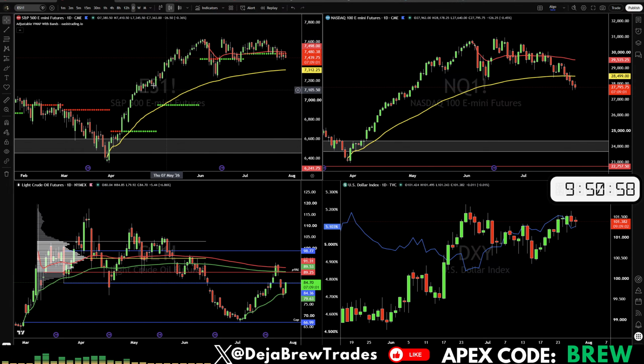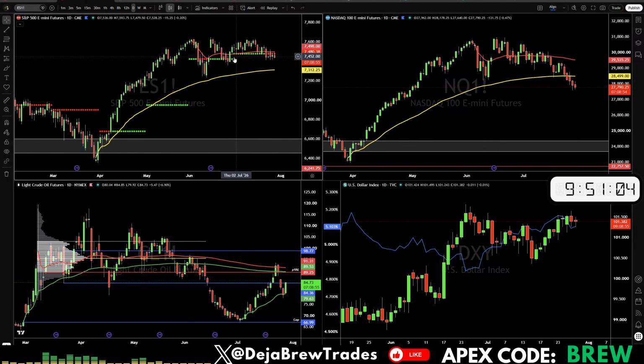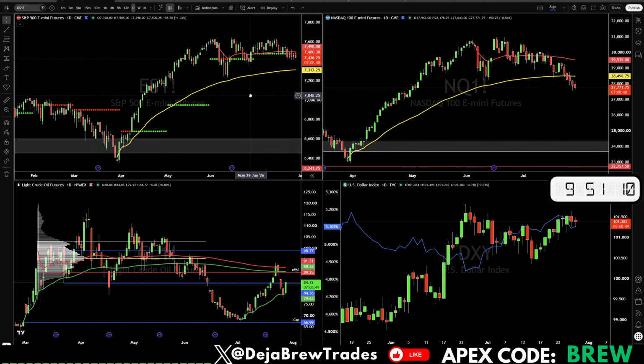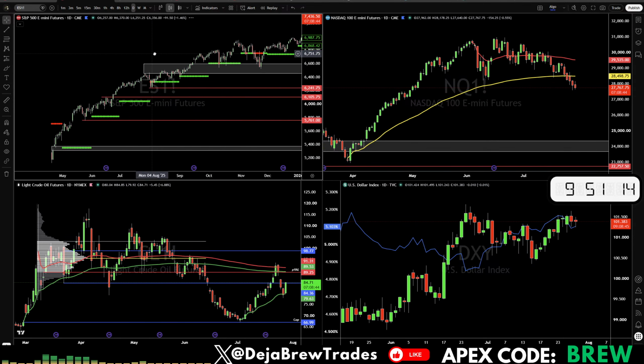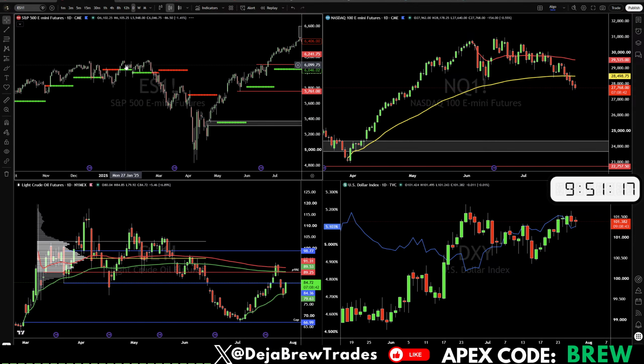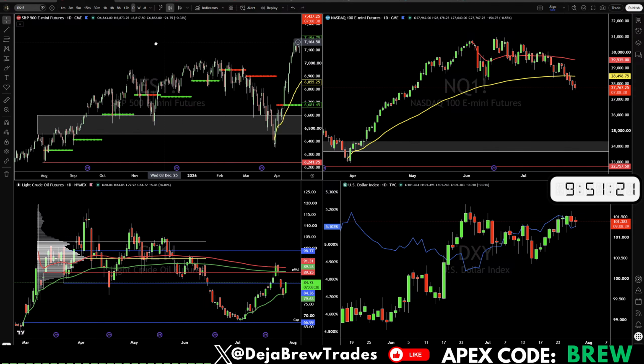Here's that VWAP that I was talking about. These are our monthly VWAP closes. You can see how we're getting very flat on those monthly VWAP closes, and we are starting to lose it, which is really bad. When you start losing these monthly VWAPs, you can tell we get into a decent little downtrend.